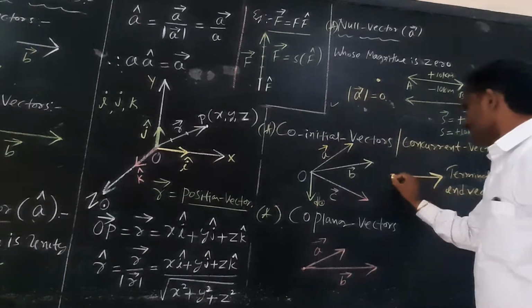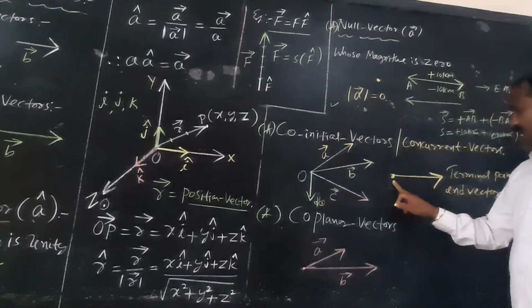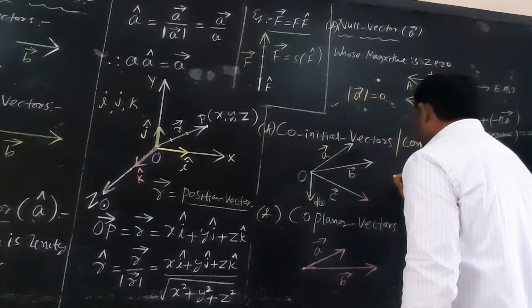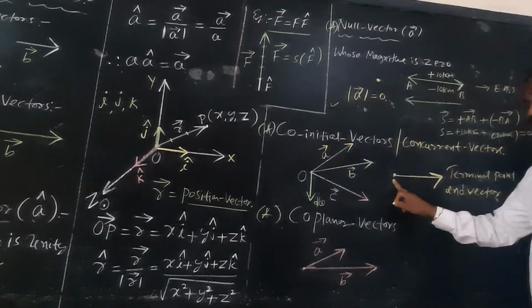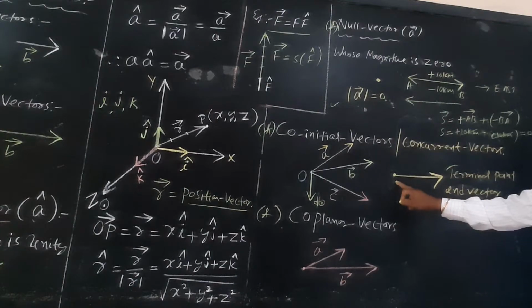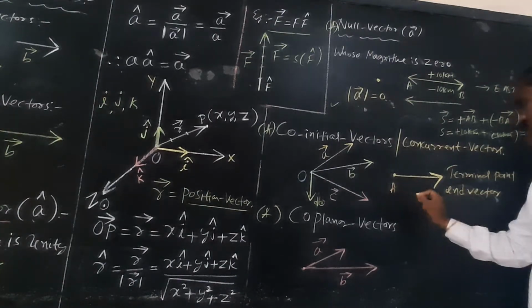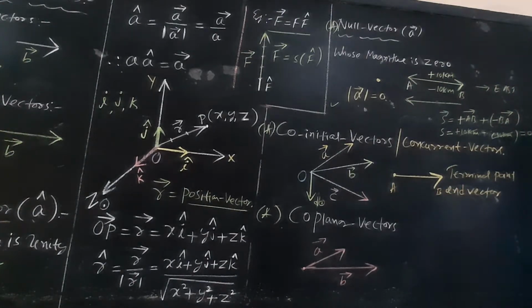This other point is called the starting point or initial point. Point A is the initial or starting point. B is called the terminal point or end of the vector. Please copy the things.